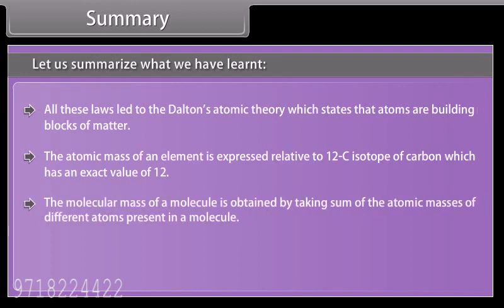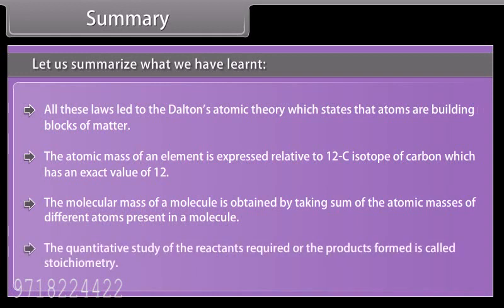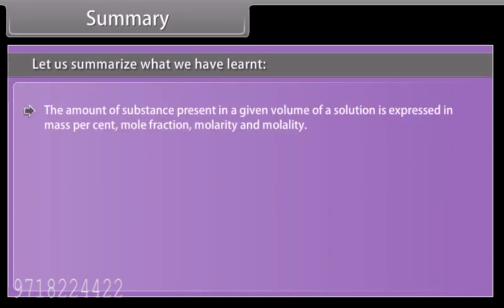The molecular mass of a molecule is obtained by taking sum of the atomic masses of different atoms present in a molecule. The quantitative study of the reactants required or the products formed is called stoichiometry. The amount of substance present in a given volume of a solution is expressed in mass percent, mole fraction, molarity, and molality.